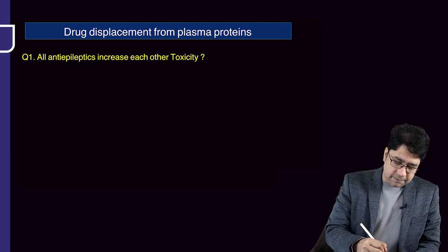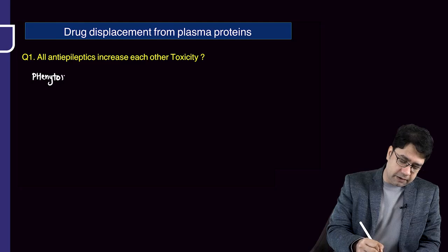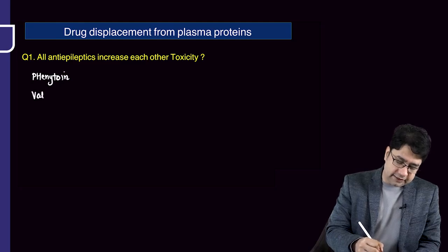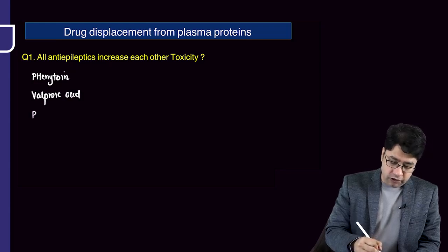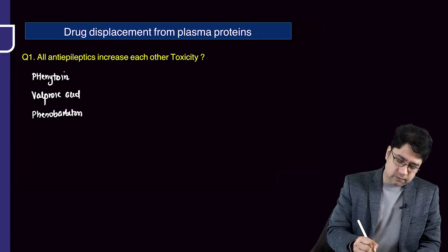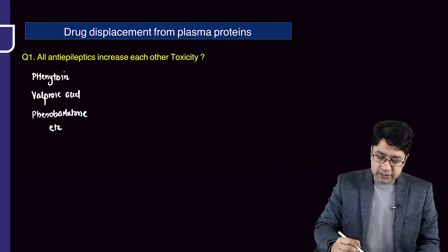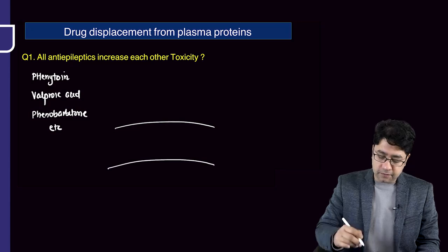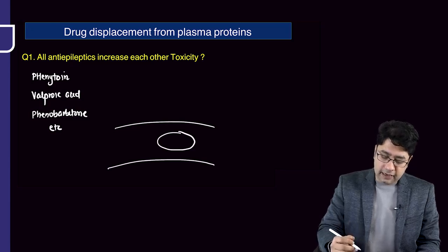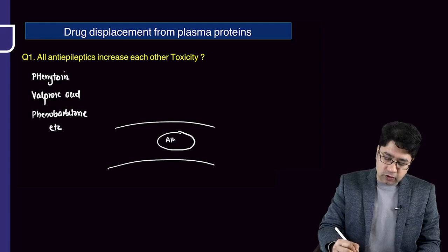Let's say there are many anti-epileptic drugs like phenytoin given for seizures or epilepsy, valproic acid. I will just write three, phenobarbital, but you can also write others also.